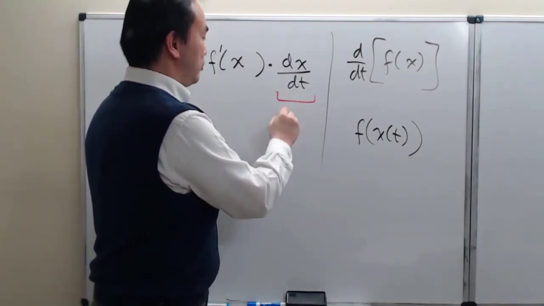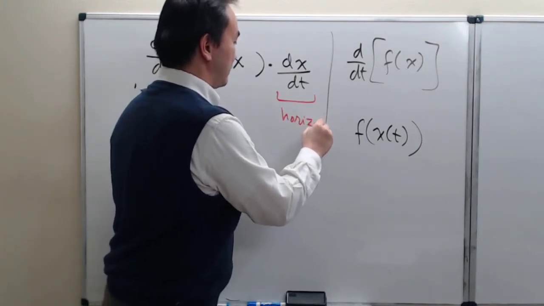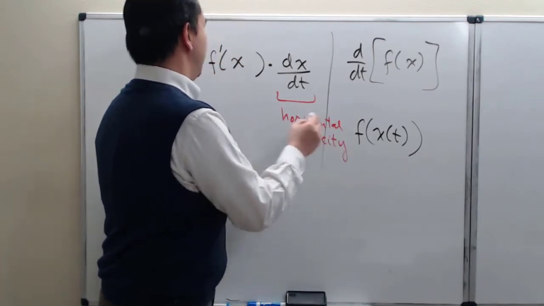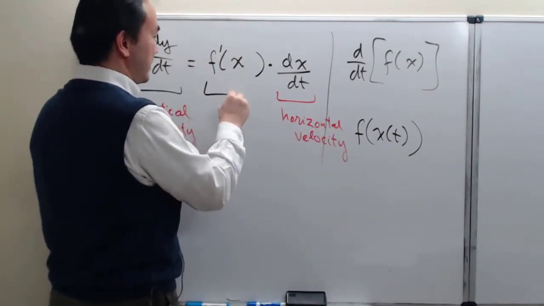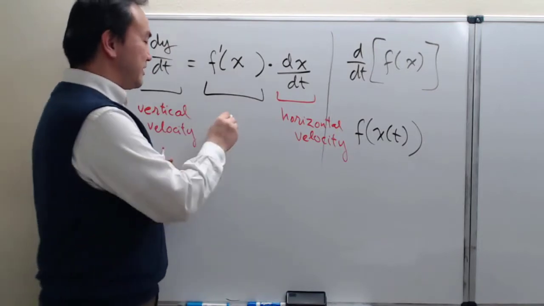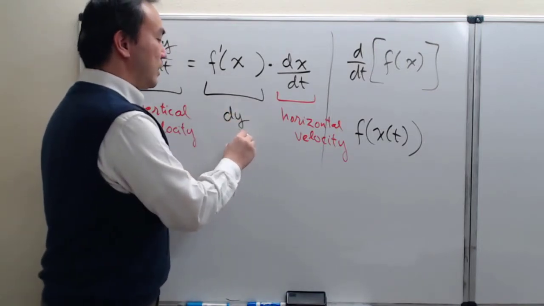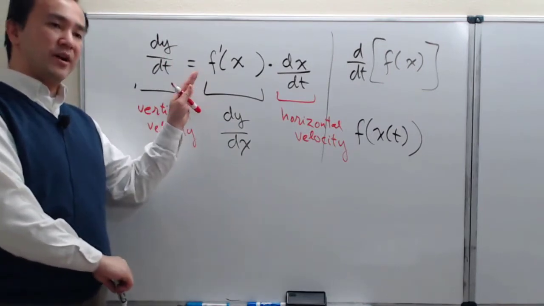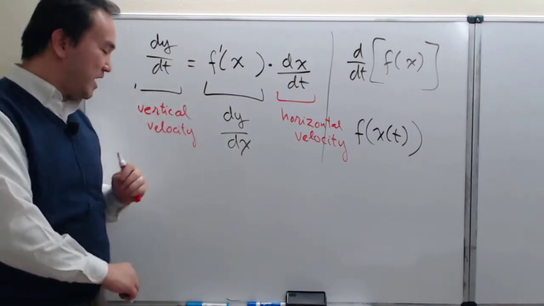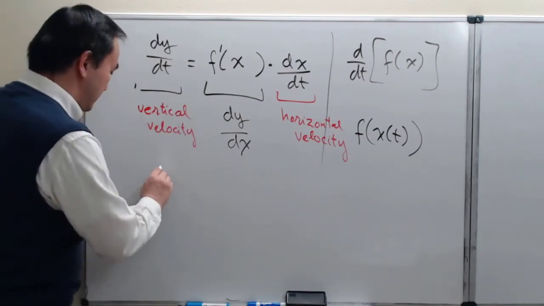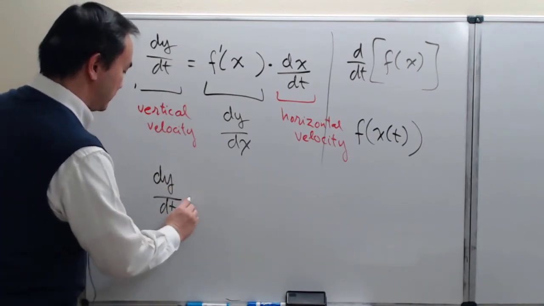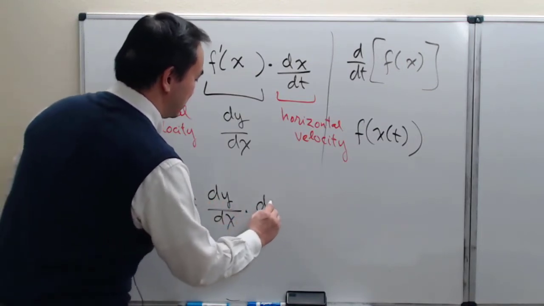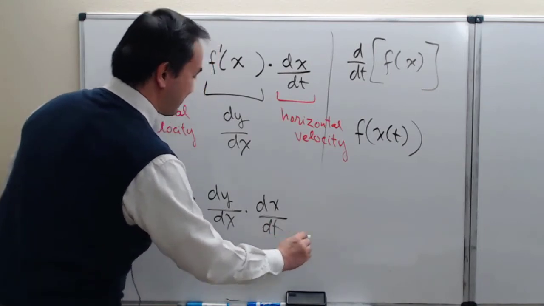The left side is the vertical velocity, and this is another way of understanding it, this is just our famous dy dx. And so another way of writing this equation currently, we got three different rates right here. They're all being related. We got dy dt equals dy dx multiplied with the dx dt.